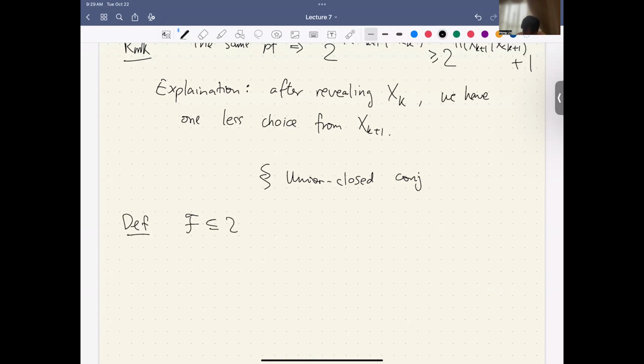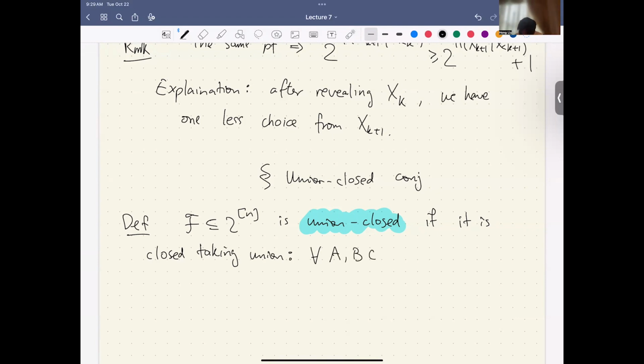A family of subsets of n is called union closed if this family is closed under taking unions, i.e., for every A, B, if you take any two sets in the family, then their union also is a set in the family.